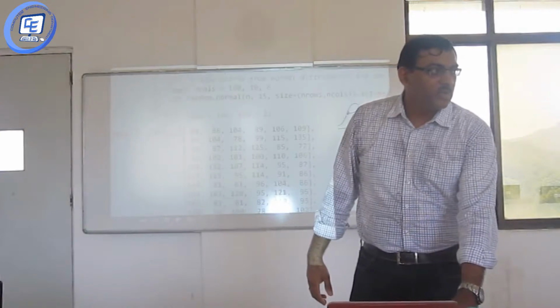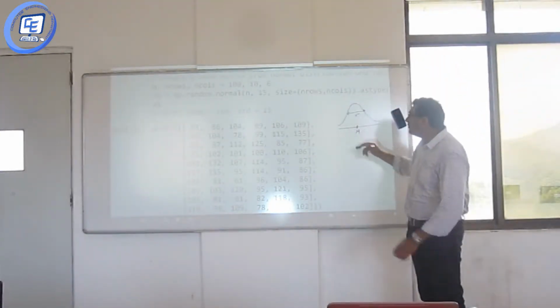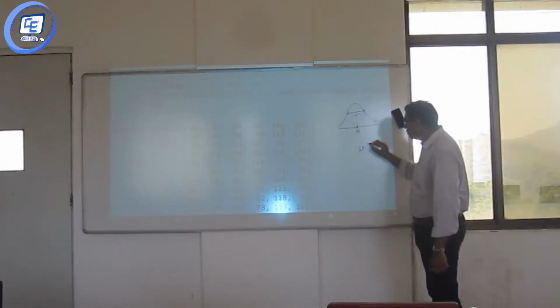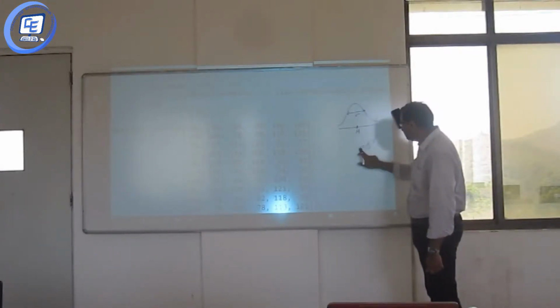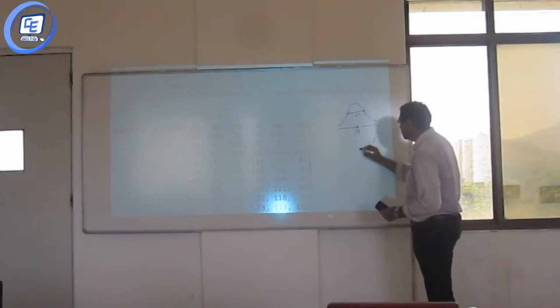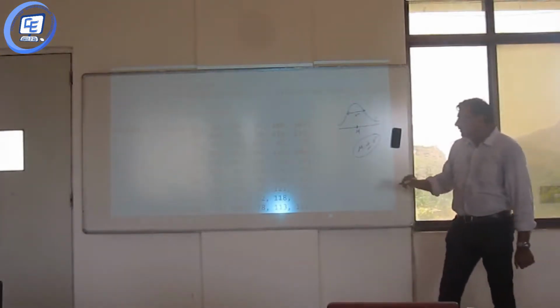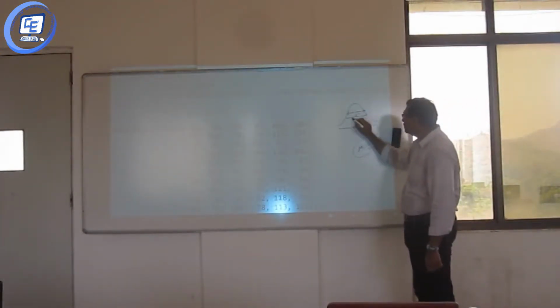The standard deviation is 15. Why are we getting numbers like this? Very good question. If the standard deviation is 15, should I get numbers only in the range mu plus or minus sigma? No, because this is just one sigma, this is 2 sigma, this is 3 sigma, this is 4 sigma.